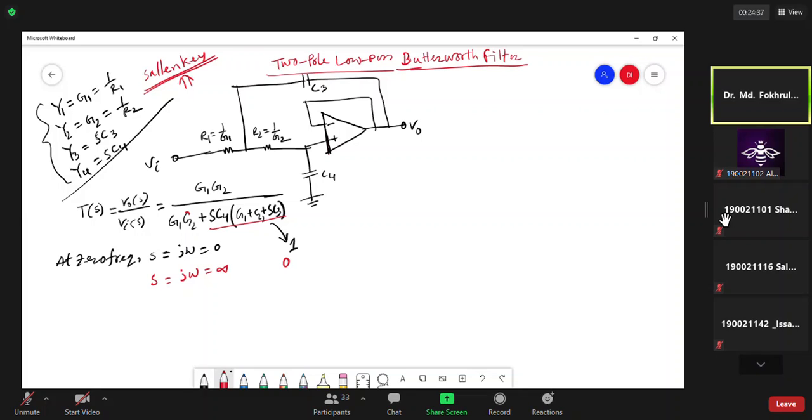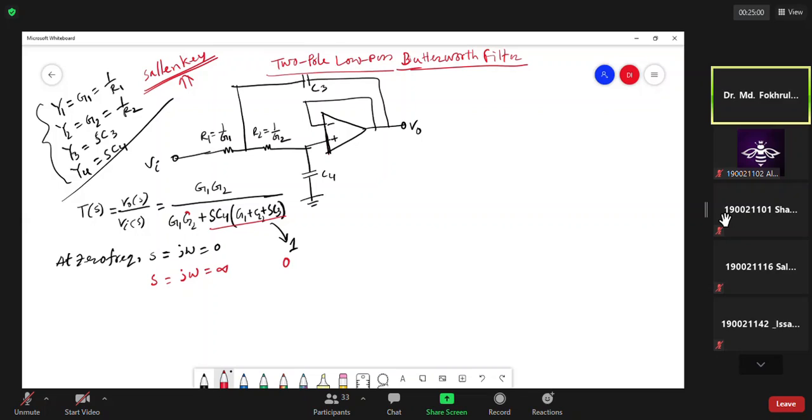Meaning, what we need to do is take the derivative and set it to 0 at omega equals 0.